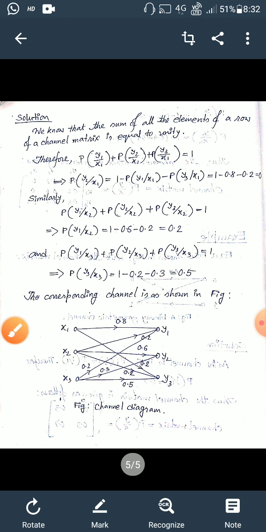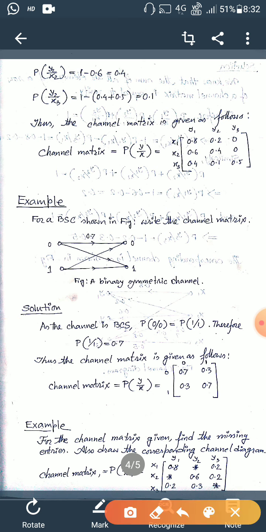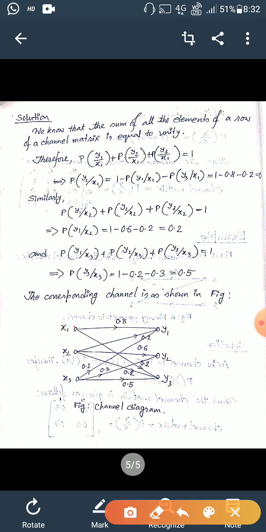Look at the matrix here: y1 x1 is 0.8, y1 x2 is 0.2, as already calculated, and y1 x3 is 0.2. So you draw three lines from three input symbols.